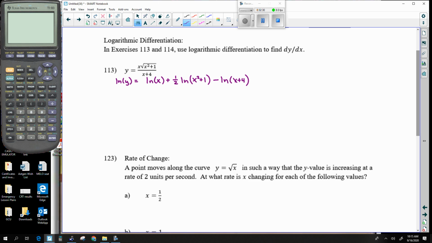So here we have 1 over y dy dx equal to 1 over x plus 1/2 times 1 over x squared plus 1, and the chain rule gives 2x, minus 1 over x plus 4.